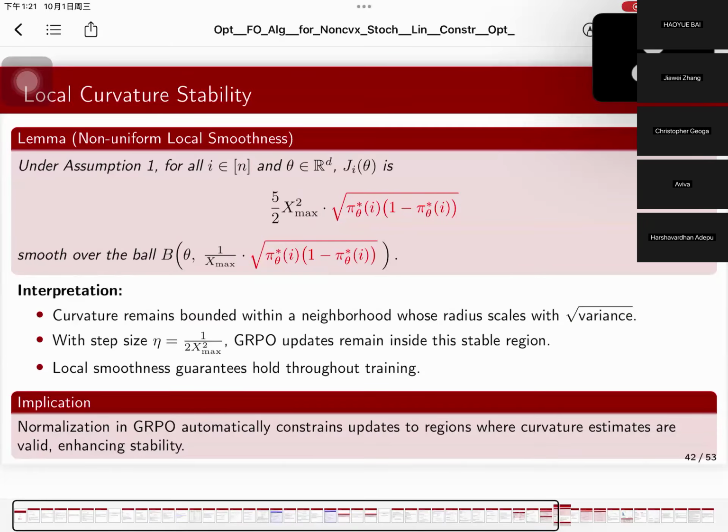So we also need the following: we can prove that in the neighborhood of the point theta, the Lipschitz smoothness constant is very stable. Combining these two results, it's very intuitive to show that, suppose we only have one prompt, then GRPO is just gradient descent using a normalized adaptive step size, which is the inverse of the local Lipschitz smoothness constant. So we can expect that the algorithm can converge faster than using a fixed step size.